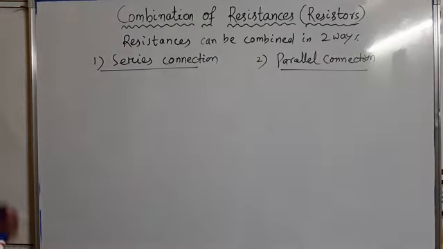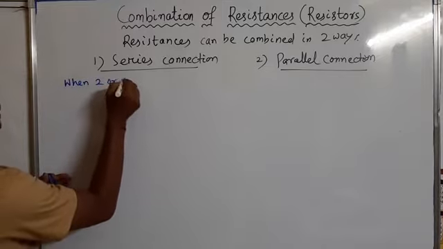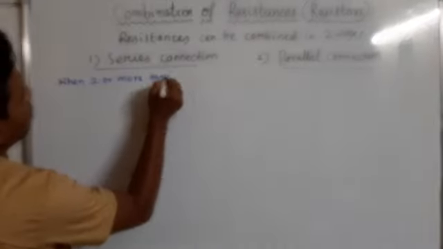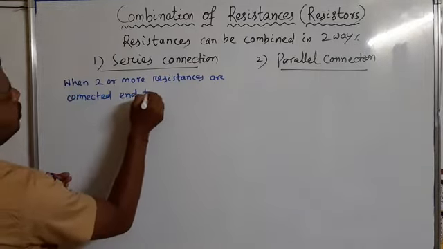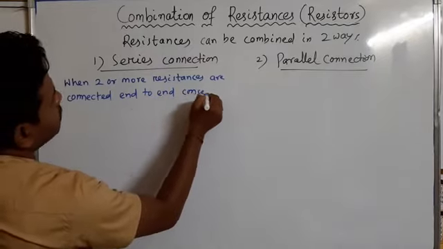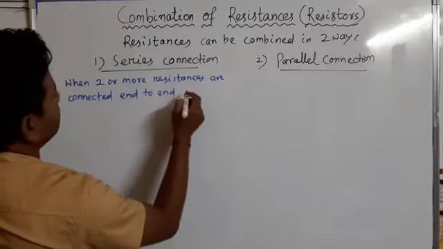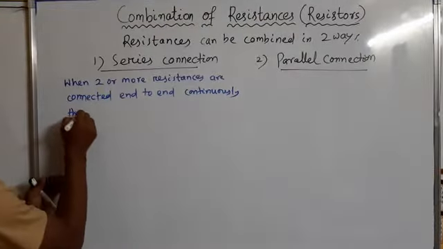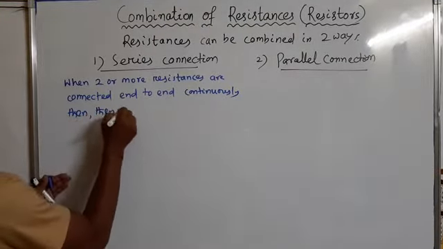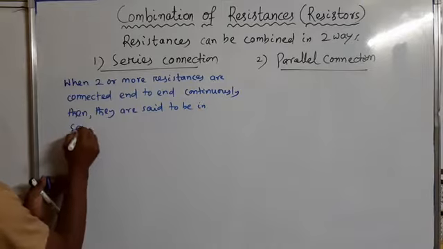So, what is series connection? When two or more resistances are connected end to end, consecutively, or you can say continuously, then they are said to be in series connection.